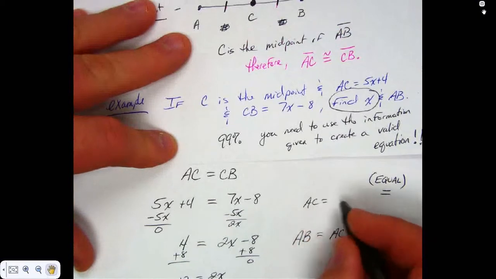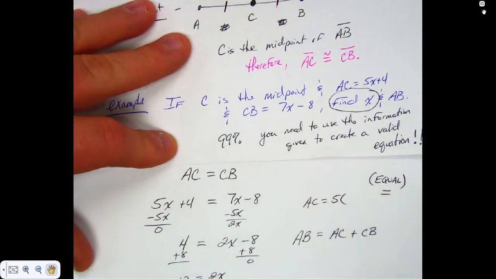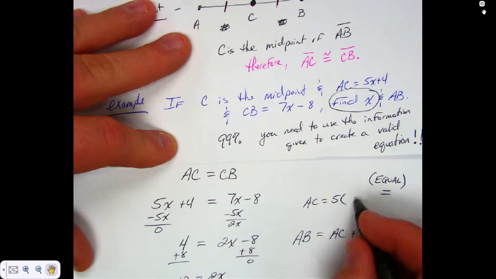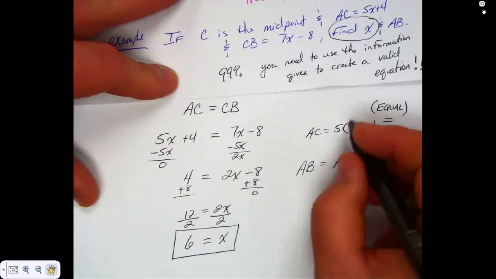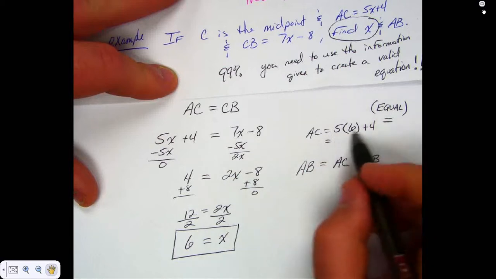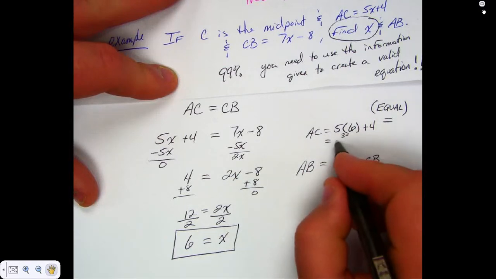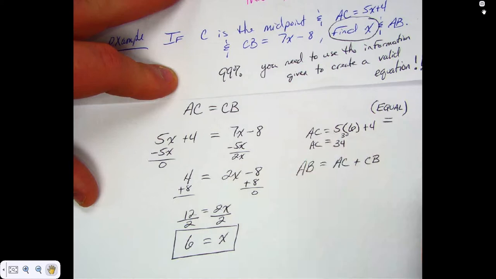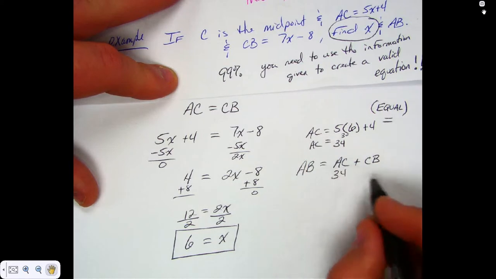A to C was what? 5 times whatever x is plus 4. What did x end up being? 6. So what is this? 5 times 6 is what? 30. Plus 4, so the answer is what? AC is 34. If we did this correctly, what should CB be?